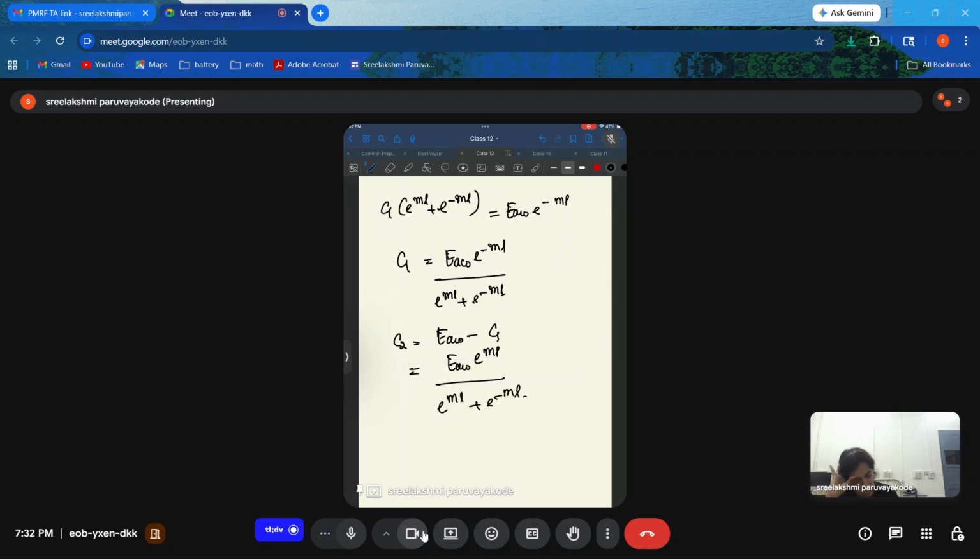So now, if I substitute both of these in the equation, I'll get E equal to EAC naught by (e to the power ml plus e to the power minus ml) times (e to the power minus m(l minus x) plus e to the power m(l minus x)).